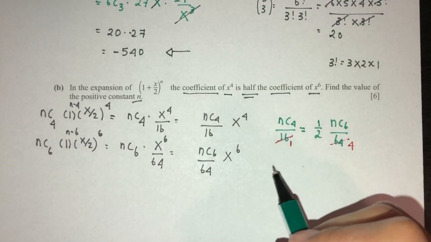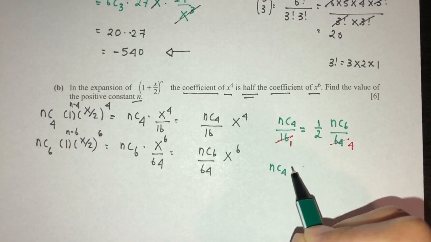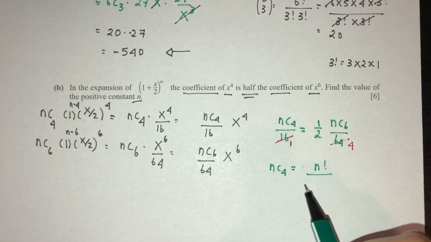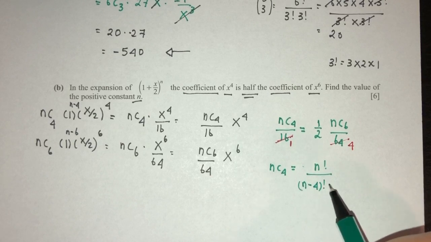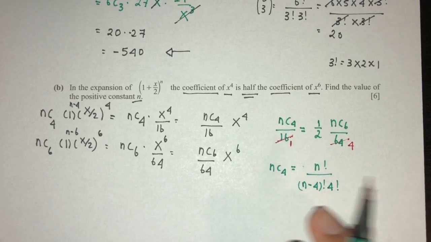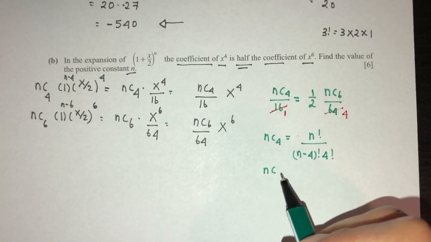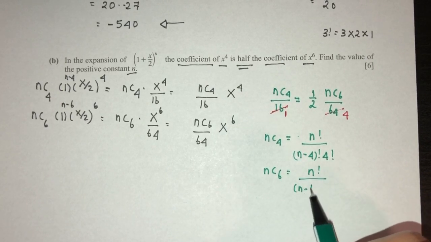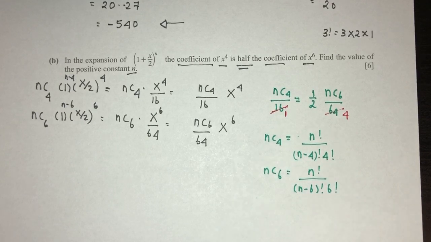So n choose 4 is what? It is n factorial over n minus 4 factorial and 4 factorial. And what is this one? N choose 6 should be n factorial over n minus 6 factorial times 6 factorial.